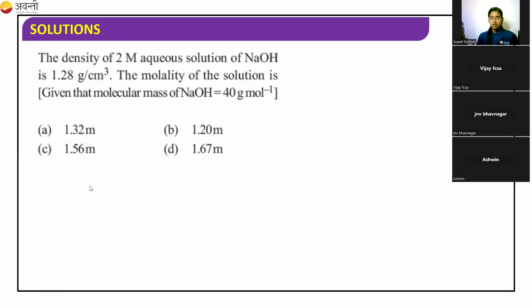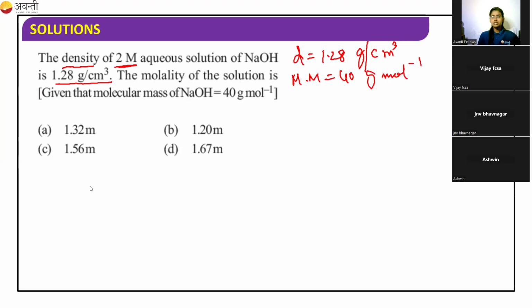The density is 1.28 gram per centimeter cube or gram per cc. The concentration is 2 molar sodium hydroxide and the molecular mass is 40 gram per mole.